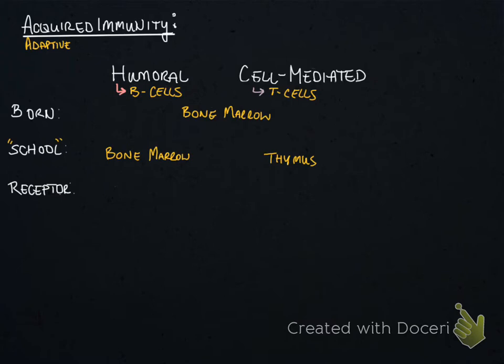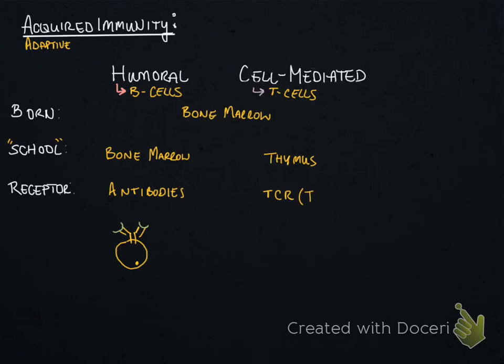Another thing that sets these two apart is that B cells will have different receptors from T cells. B cells, their receptors are antibodies. So if this is our B cell, its receptor will draw like this, with its variable region being specific for a specific antigen. Now the receptor for the T cell is simply called a T cell receptor.